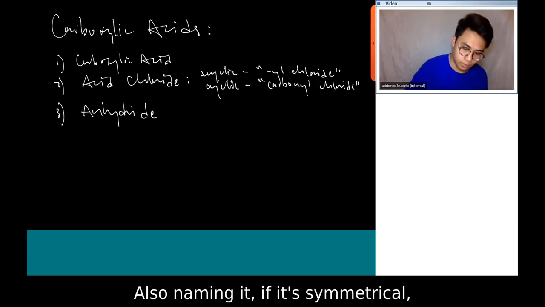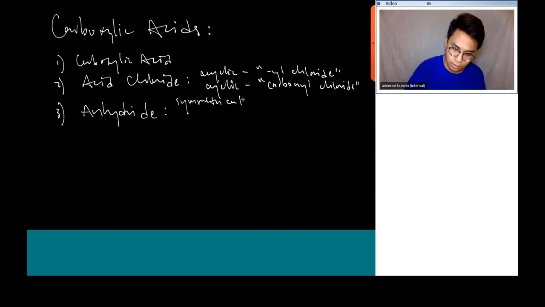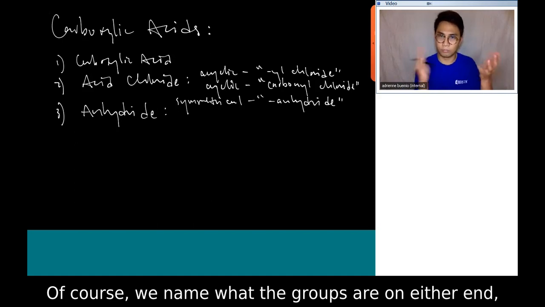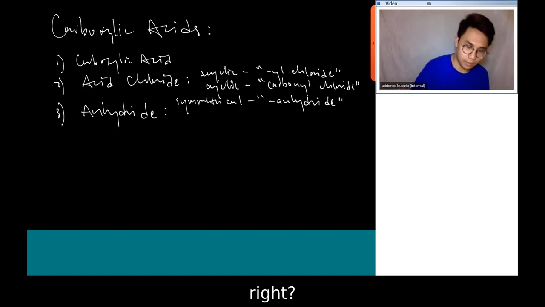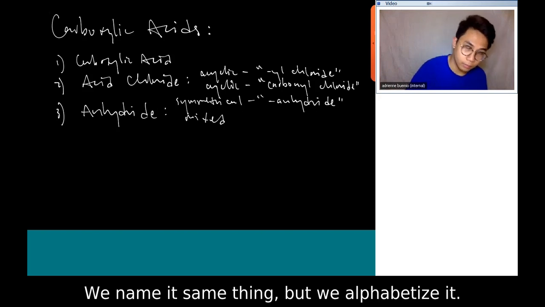Also naming it if it's symmetrical, and I think we did some of this earlier, we just end it with anhydride. Of course, we name what the groups are on either end, right? Mixed, we name it the same thing, but we alphabetize it.